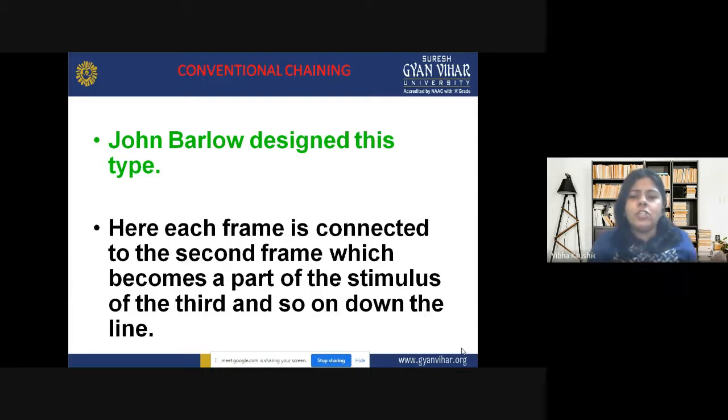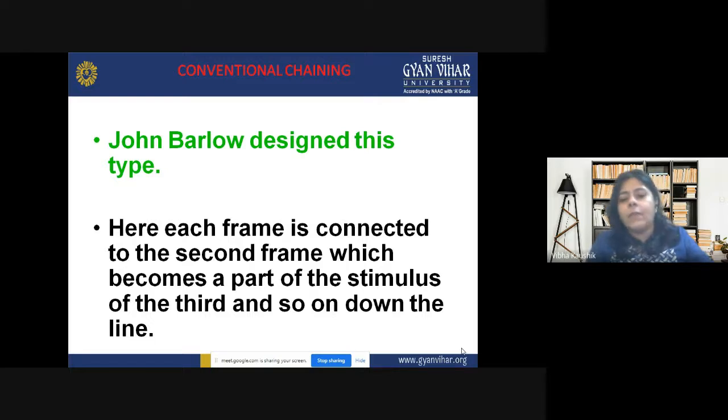Means the information which is being shared in the first frame is connected with the information that is being shared in the second frame, which becomes part of the stimulus of the third, and so on down the line.